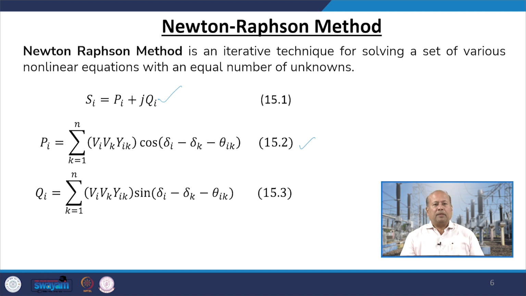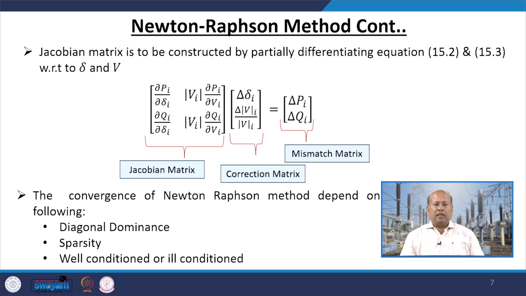But now we'll concentrate on how these equations pose a challenge for distribution network load flow analysis. In the case of Newton-Raphson, the Jacobian matrix needs to be constructed by partially differentiating equations 15.2 and 15.3 with respect to delta and V.